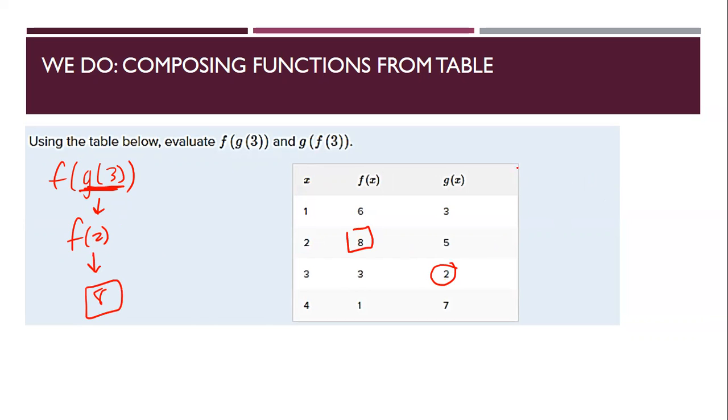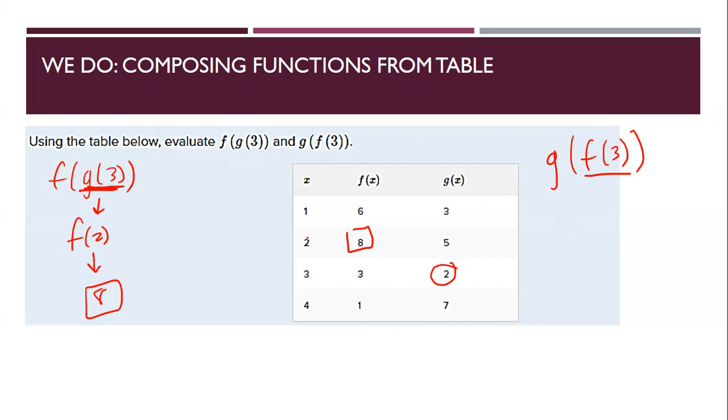Okay. So then we're going to do it again. So we have G composed of F of 3. So remember how we said it's not commutative? Meaning that I'm possibly going to get a different answer, because just because I did it one way doesn't mean the other way is going to give me the same answer. So again, we start on the inside. What's my inside? 3. And I'm going to go to which table?